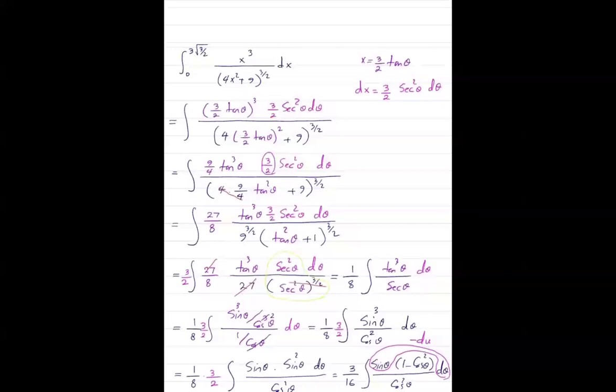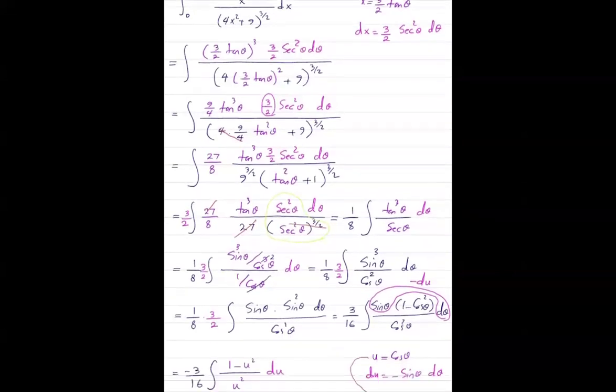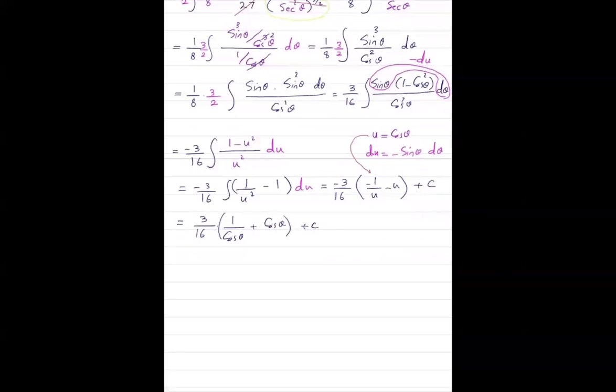I'm going to take this and copy it down here. And my x was bounded, as you remember, between 0 and 3 square root of 3 divided by 2.